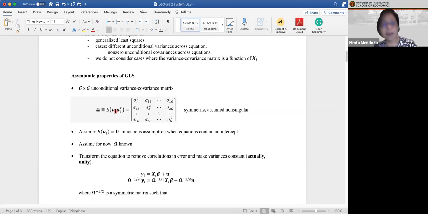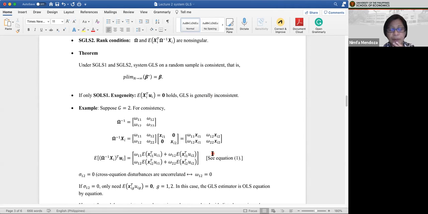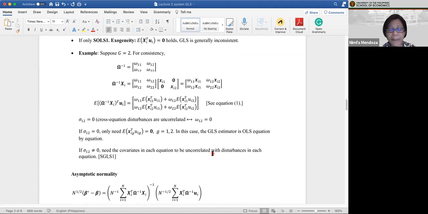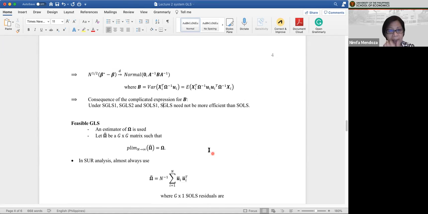We do not observe that. So we usually find some way of estimating omega. And if you substitute that estimated variance covariance matrix, then you get feasible GLS.